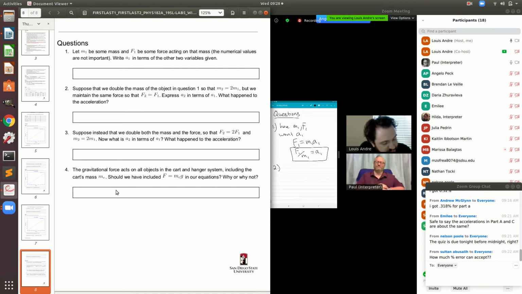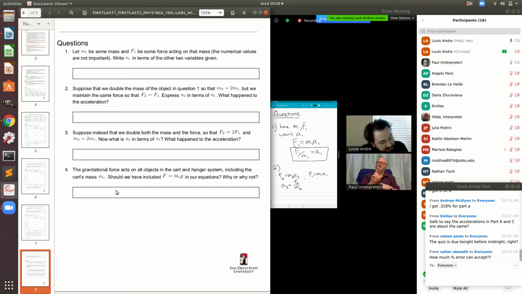So we have some system that's F2 equals M2 A2, and we have F1 equals M1 A1. Okay, so we want to find A2 in terms of the other ones. So we have A2 is equal to F2 over M2, right?